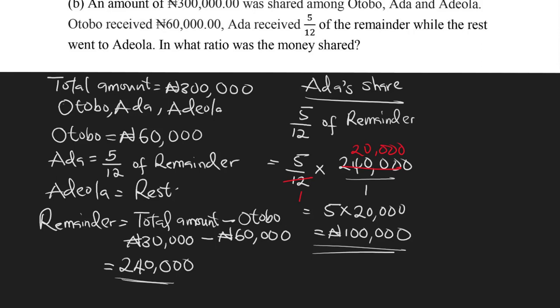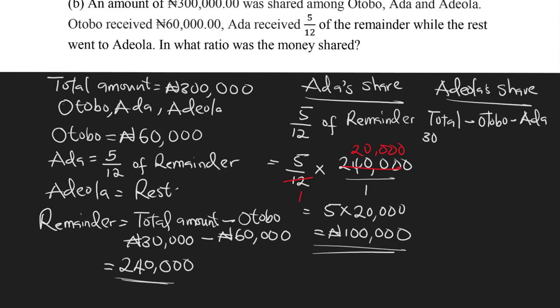So we're going to say total minus Otobo minus Ada. So what's the total? The total is 300,000, right?